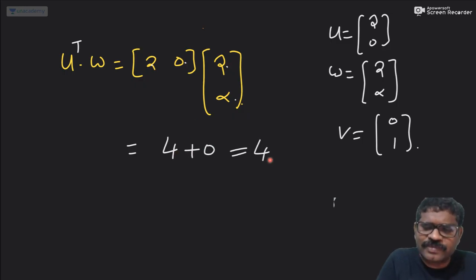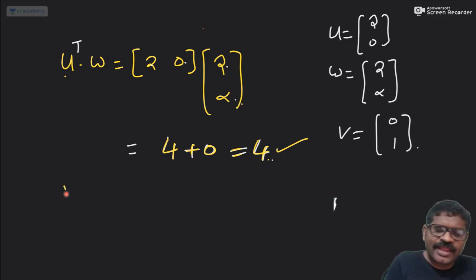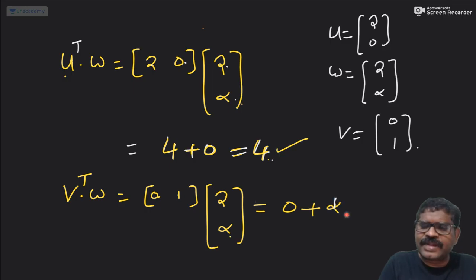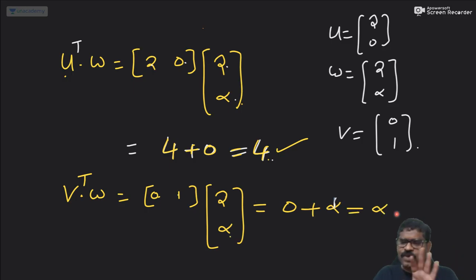That is 4. Okay. U bar dot W is 4. Similarly, V bar dot W. V is 0, 1. If I have to write like this, that's why I am taking the transpose. 2, alpha. Multiply: 0 plus alpha. That is alpha. Okay, I have calculated the dot product between U and W and the dot product between V and W.